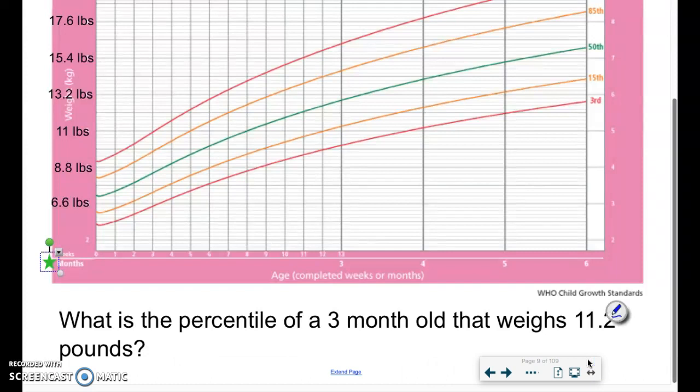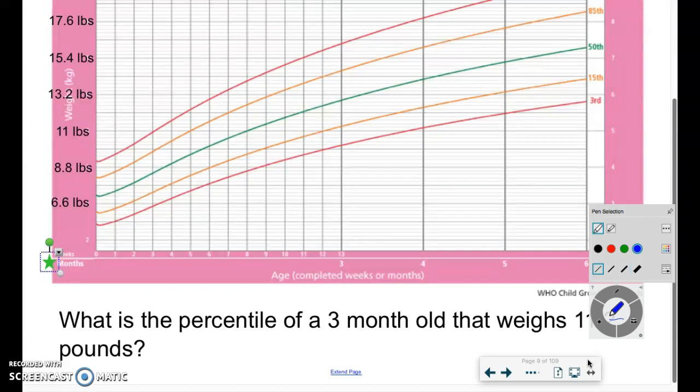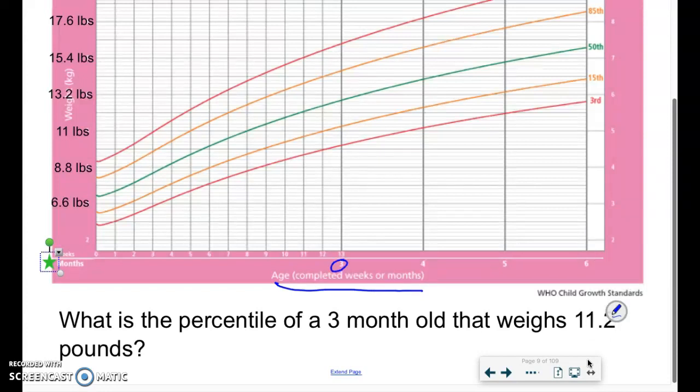Look at this, folks. This is how you interpret it. Down here on the bottom is the age. I'm looking for a 3-month-old, so that would be this person right here. I'm going to follow that up until I hit 11.2. 11.2 is coming over from here.